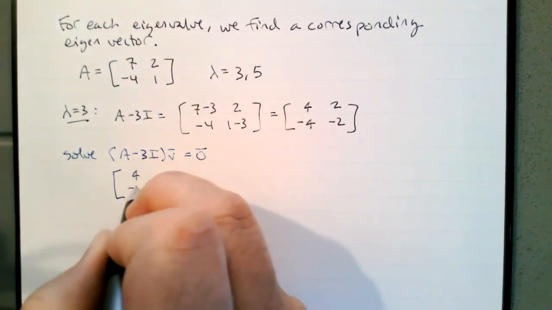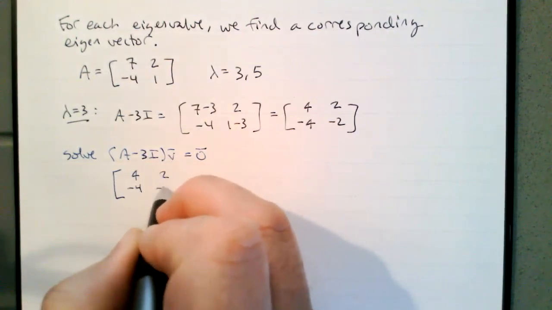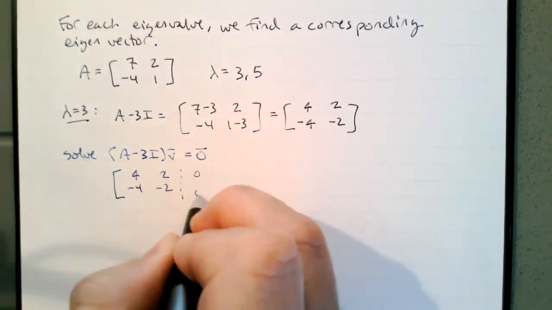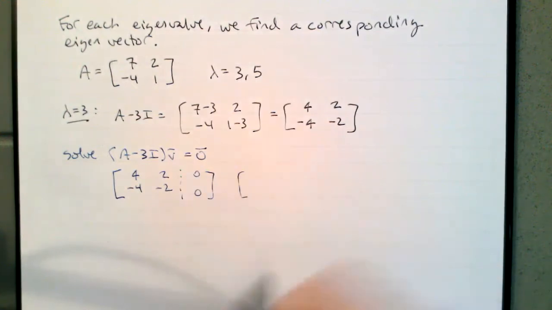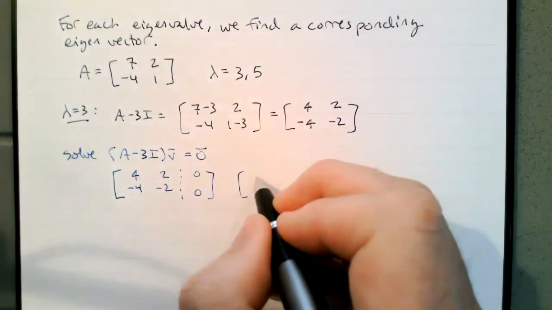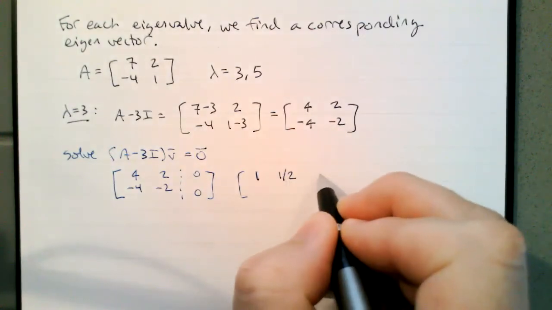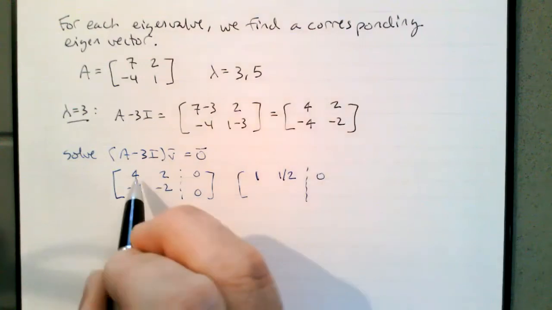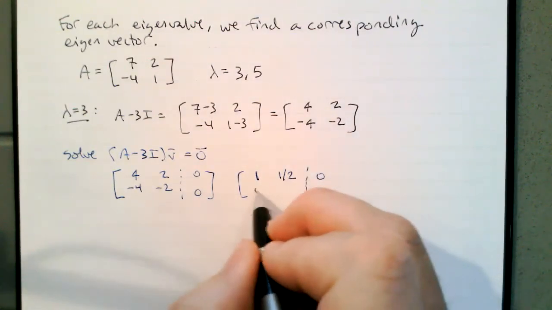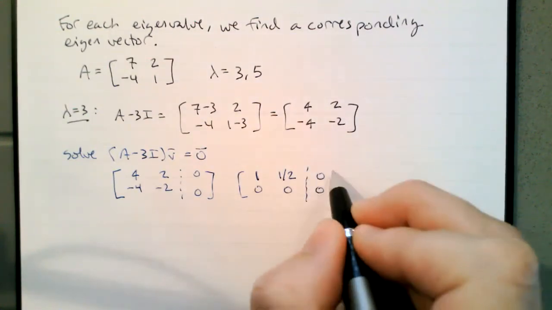We've got 4, negative 4, 2, negative 2, 0, 0. And we're going to write the reduced echelon form. So I'm just going to divide through by 4. So I'll have a 1, a negative 1, and a 0. And I can subtract the second row from the first row, and I'll have just zeros.